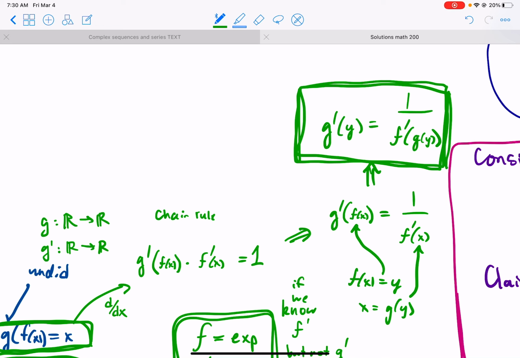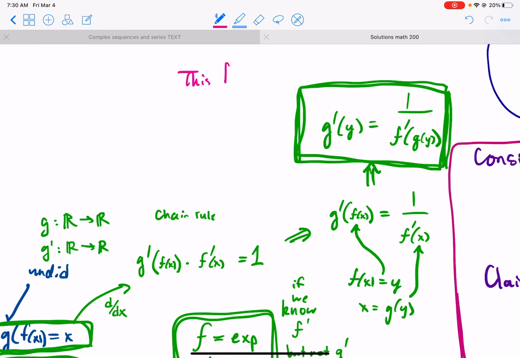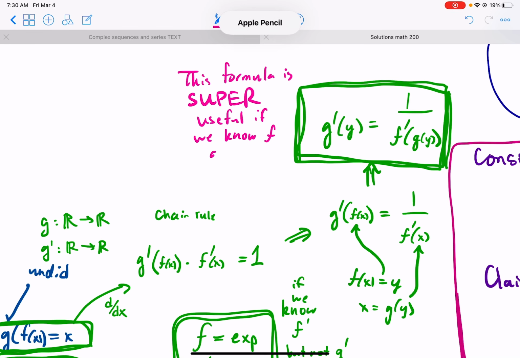Okay? So this formula, and I will just write it out, is super useful if we don't know anything about g. If we know f and f prime, okay, my pen died.